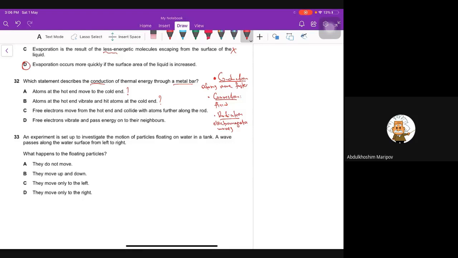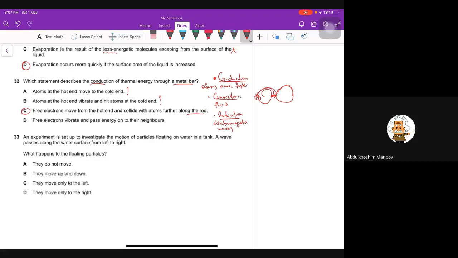Electrons move, actually, from the hot end and collide with atoms further along the bar. The atoms do not move, but the electrons carry the energy. When electrons are heated up here, this electron moves and touches another atom, and the heat is transferred. So it's going to be C.